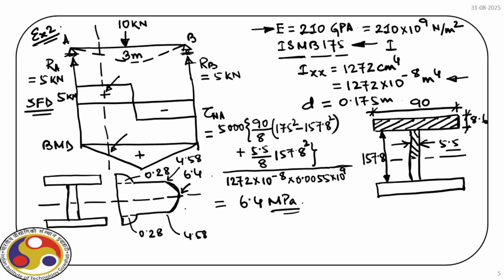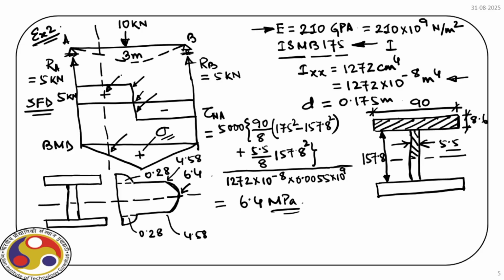Now at the middle, when we have maximum value of the bending moment, there we have the maximum value of sigma that we have already derived for this problem. But if you go to the left of this point, we have full value of the shear, and on the right part also we have the full value of the shear force.